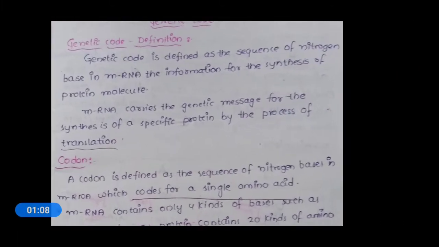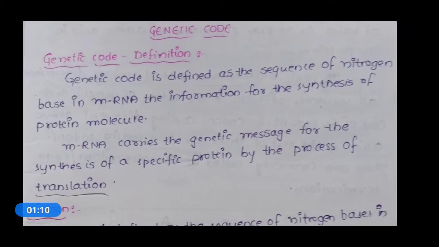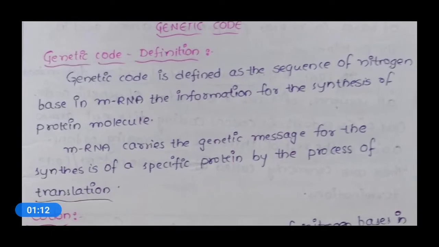In the previous class we discussed what the genetic code is, its definition, and a few more characters related to it. The definition of genetic code: it is a sequence of nitrogen bases in mRNA, carrying the information for the synthesis of a protein molecule.